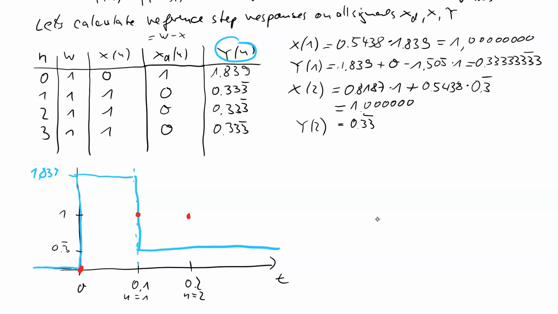So these are only points at sampling times, but we know that this is the step response of a PT1. So we assume a curve like this, an exponential function, and then stay here with a constant line at this point.